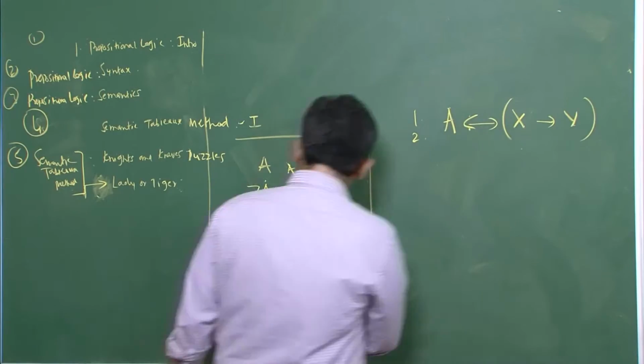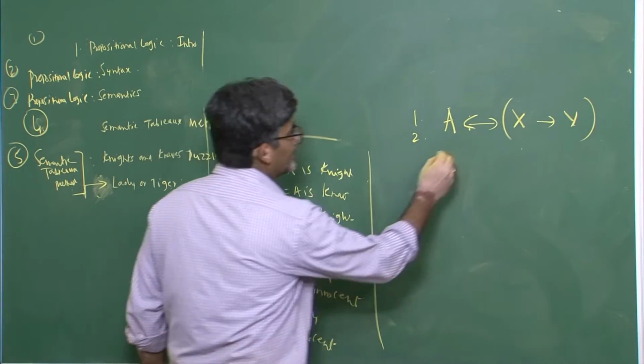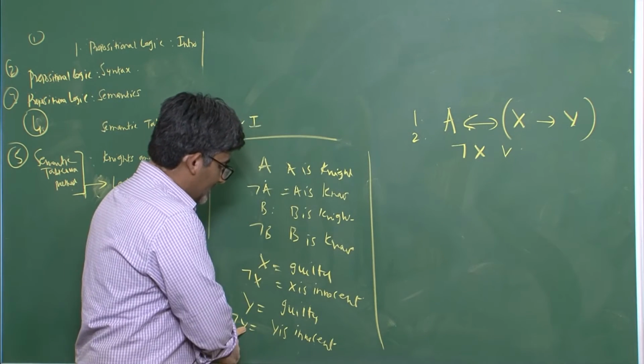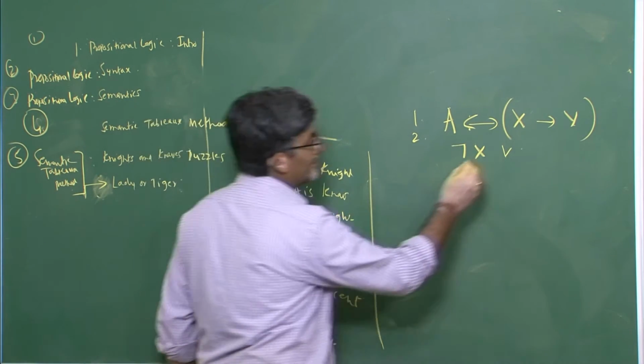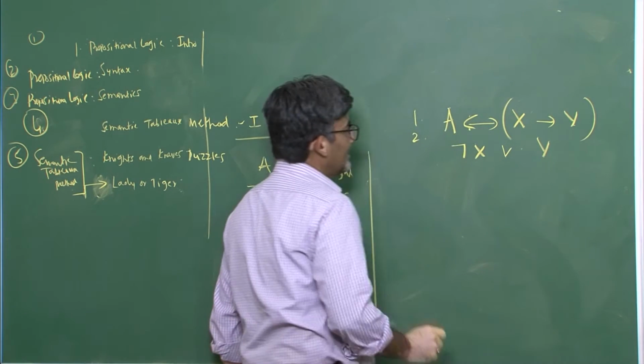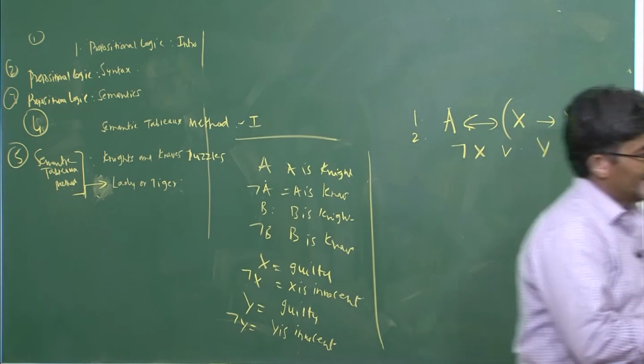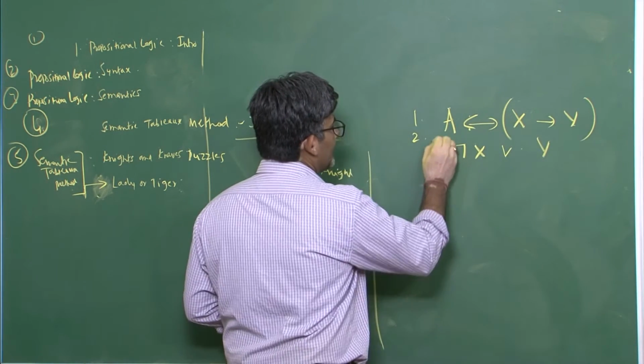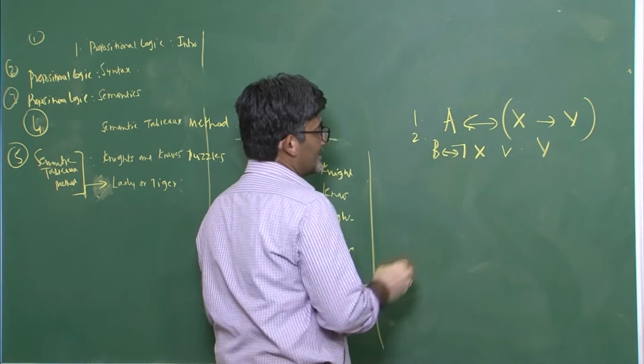X is innocent is not X in our representation, or Y is guilty, which is Y. This statement is made by B, so that is why you write it like this.